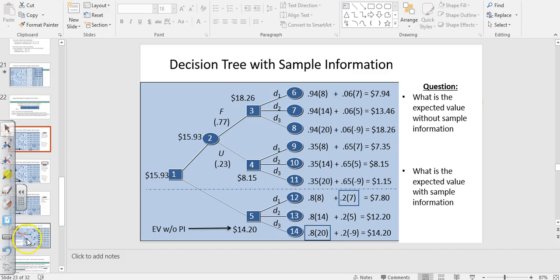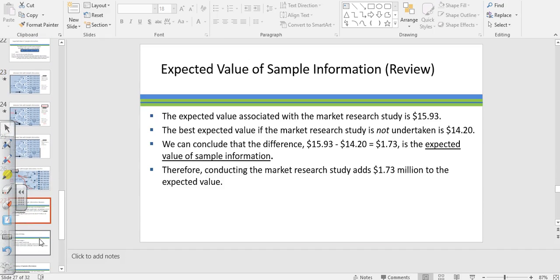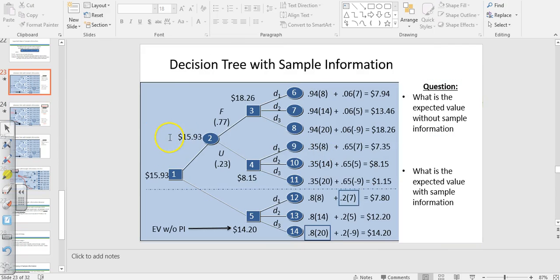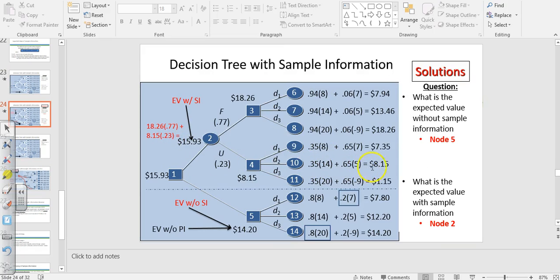Let's go back here. If the market research report is favorable, construct a large complex. Right, this was the large, this is favorable. So if favorable, construct the large, because the large is 18.26. That's the largest expected value when a favorable report is given. If an unfavorable report is given, the best decision is going to be the medium factory.